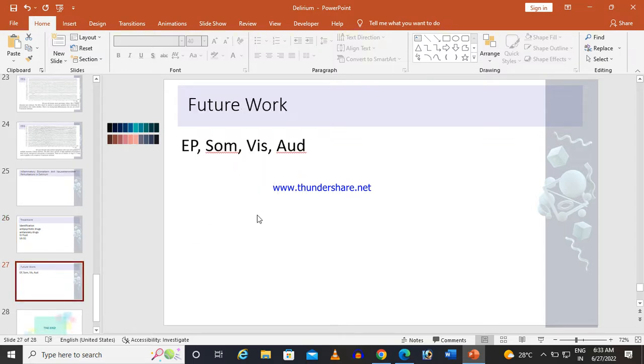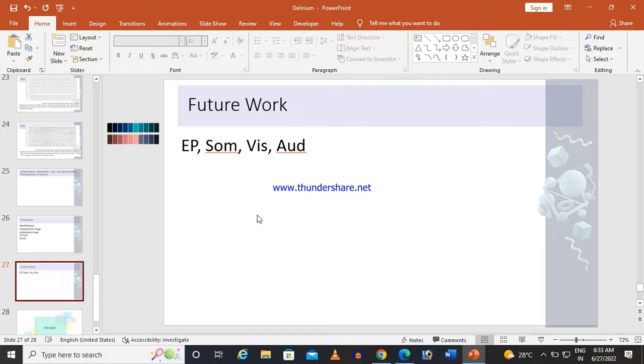The future work here: so far you will get several studies on EEG, because you know EEG is a very costly affair, but it is well popular.